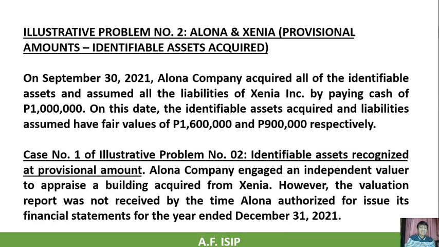On September 30, 2021, Alona Company acquired all of the identifiable assets and assumed all the liabilities of Zenya Incorporated by paying cash of 1 million pesos. So, it is very clear, Alona acquired 100% ownership of assets and liabilities of Zenya.